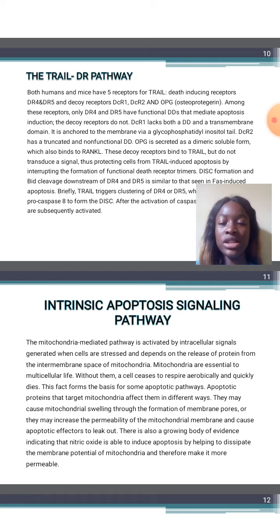Mitochondria releases cytochrome c, which leads to a complex known as the apoptosome that activates caspases. Note that activated caspases are important during apoptosis initiation, suppression, or amplification.